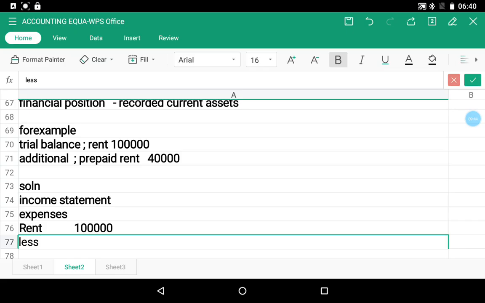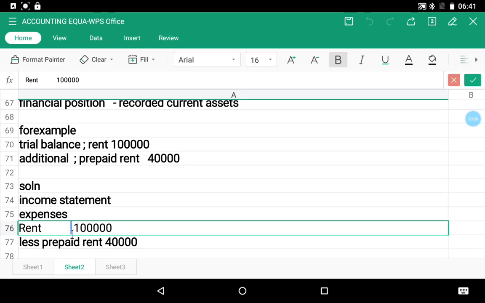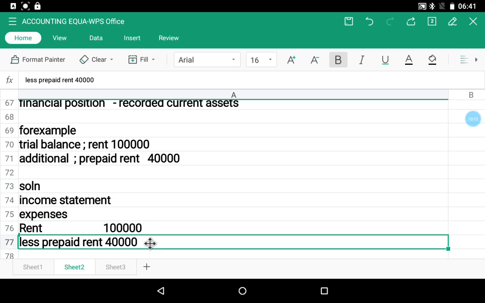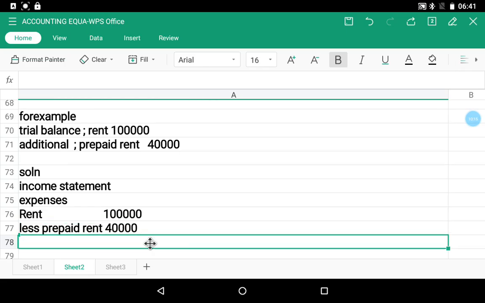So we are going to list our rent, our prepaid, which is 40,000. So we have got our rent in trial balance, we have less prepaid rent, to get our rent paid.